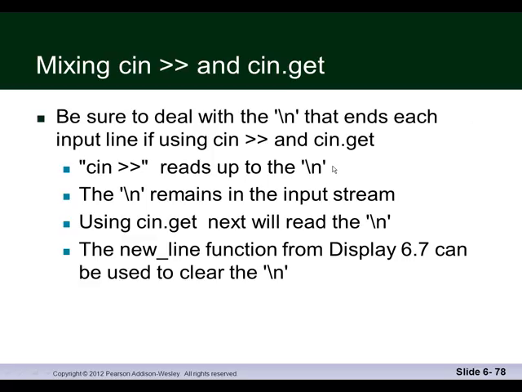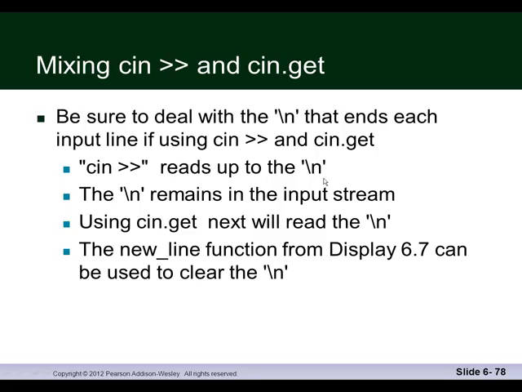Now, if I read the .get, what's going to happen? The cin.get is going to go read the \n. So if I mix them up, all of a sudden you see that cin.get is not giving you what you wanted, because it's going to go back to the buffer and read the end of line.